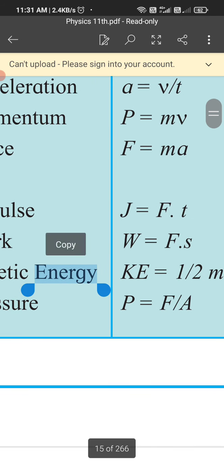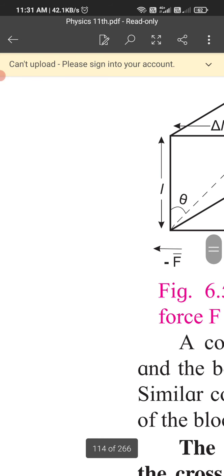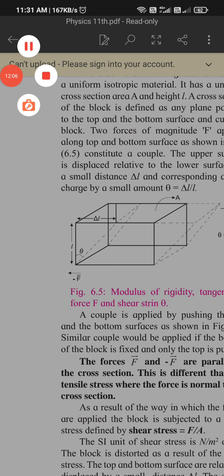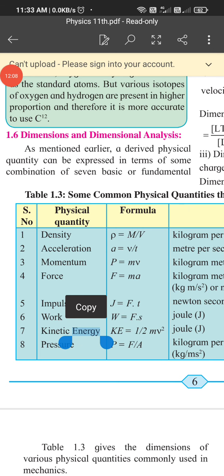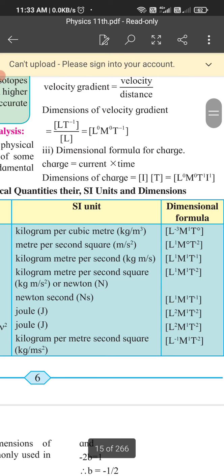Impulse J is equal to force into time, the product of force and time, that is Newton second, L^1 M^1 T^1.